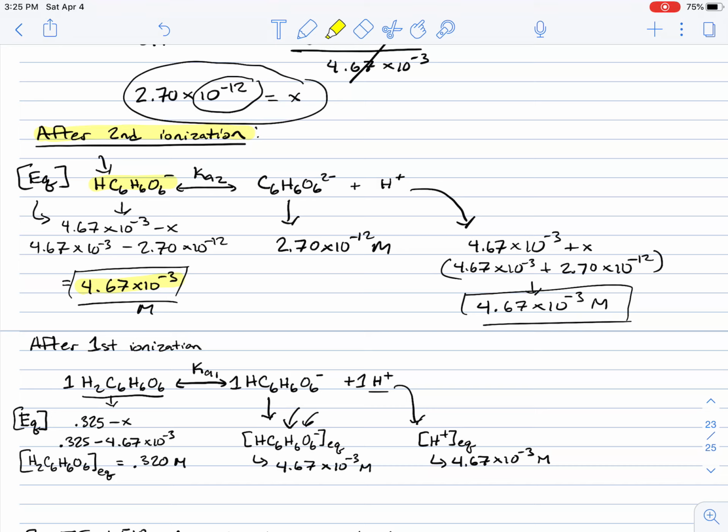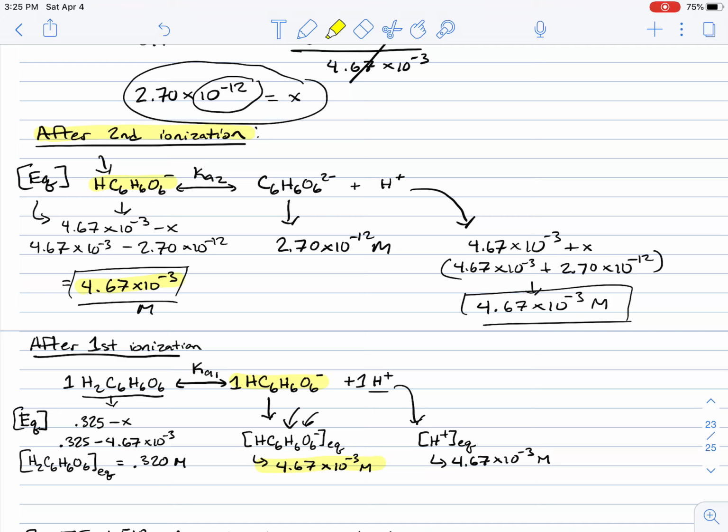Now, if you look at the first ionization, here's that conjugate base. The value is the same. And so this is telling us that the overall concentration of the conjugate base is not going to change significantly after the second ionization.